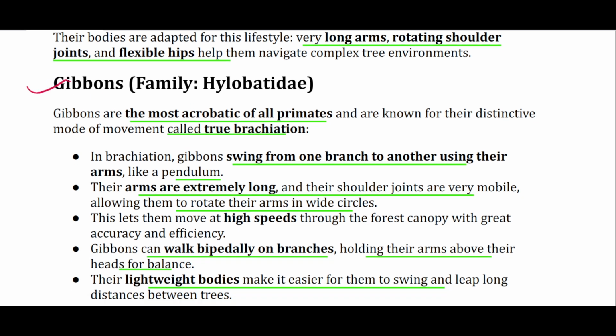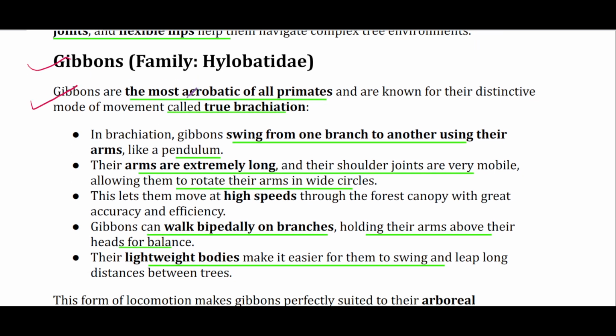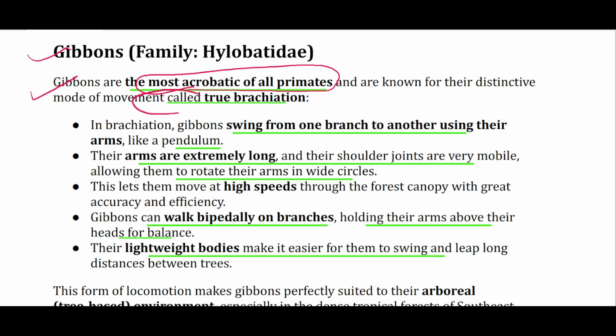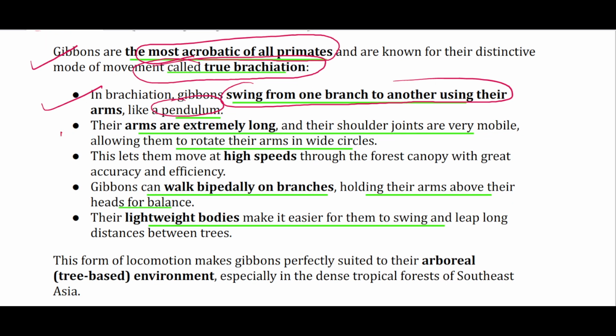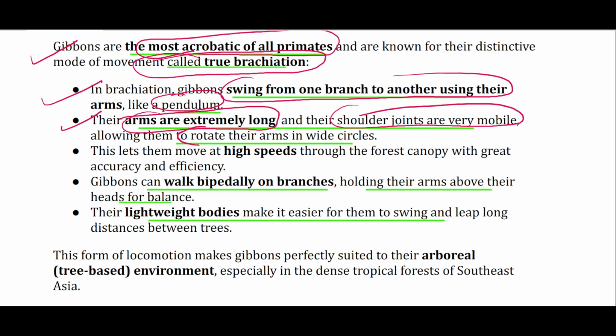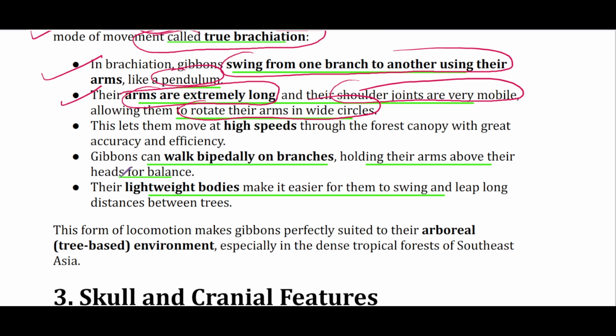Now, gibbons, they are the most acrobatic of all primates, and their unique mode of movement is through brachiation. So they swing from one branch to another using their arms like a pendulum, and they have extremely long arms, and their shoulder joints are also mobile, which help them rotate their arms in wide circles.